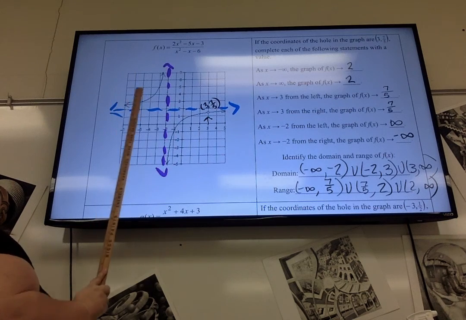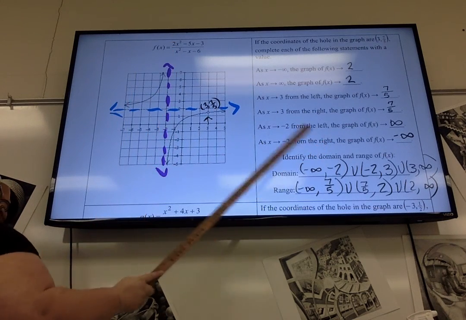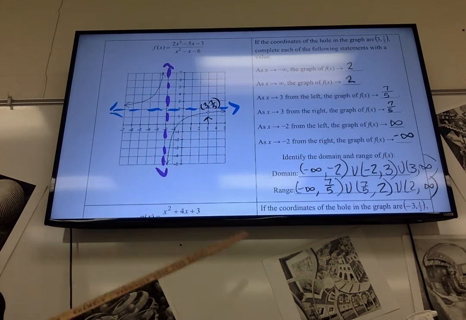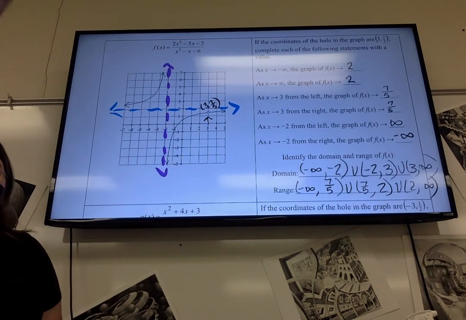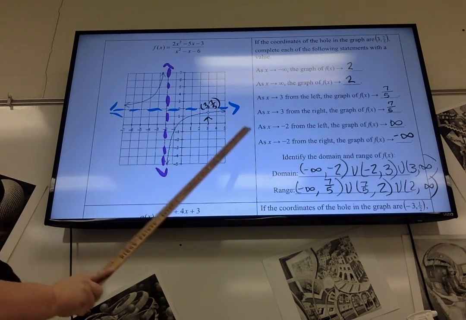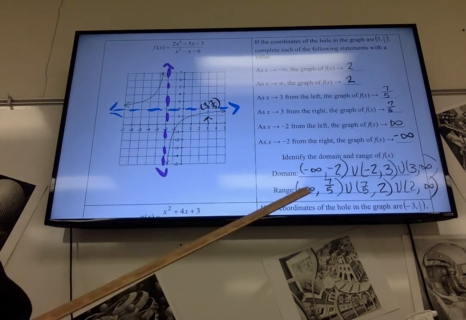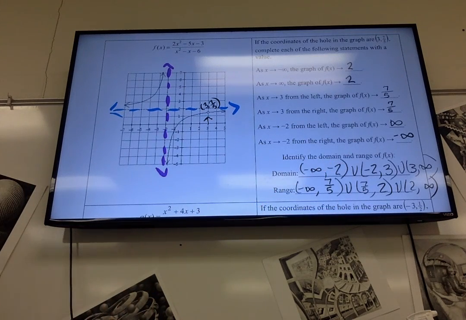So as I go up, I go to infinity. As I go down, here it's negative infinity. And then, of course, domain and range. Domain and range is everything except for where x's for the domain give us problems, or y's for the range give us problems.